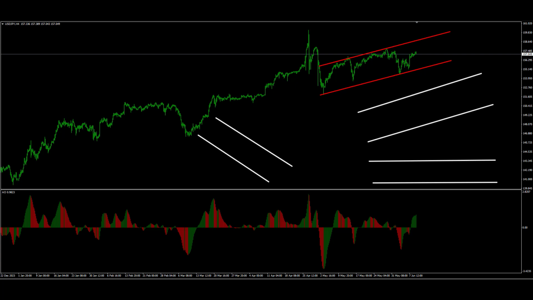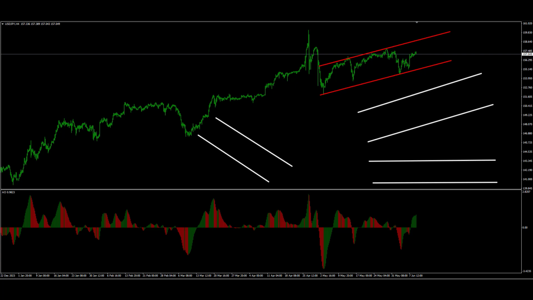Let me explain. As you can see, we have 2 lines. The bullish one has 2 lines, the bearish one has 2 lines, and the sideways one also has 2 lines.